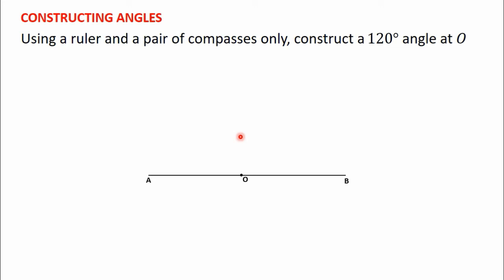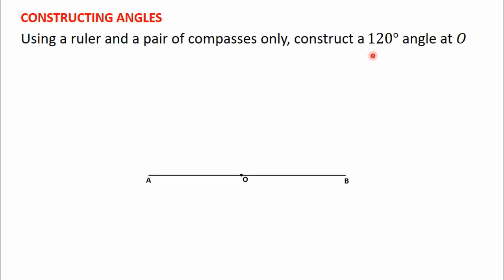When we divide 180 degrees into 3 equal parts, we will get 60 degrees each. 60 degrees plus 60 degrees will give us 120 degrees. So if we want a 120 degrees angle, the first thing we need to do is to construct a 180 degrees angle and divide it into 3 equal parts. 2 out of the 3 equal parts will give us the 120 degrees angle we are looking for.